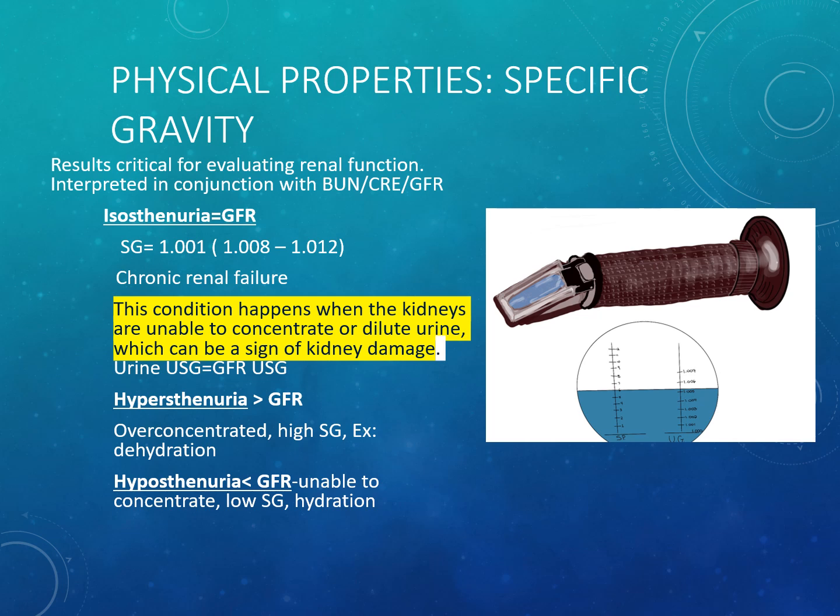The urine specific gravity is going to be equal to the specific gravity of the filtrate. And then hypersthenuria is when the urine specific gravity is greater than that range, and it has a higher total solute concentration than the filtrate. So we're more concentrated than the filtrate. An example of why you would get this is when you're dehydrated, your urine would be more concentrated than your blood.